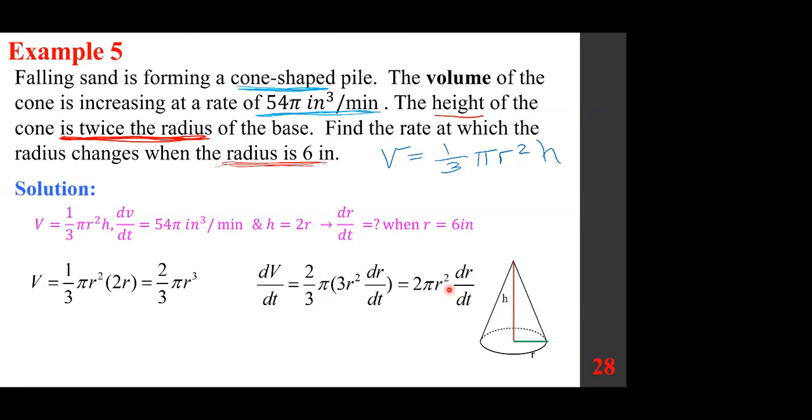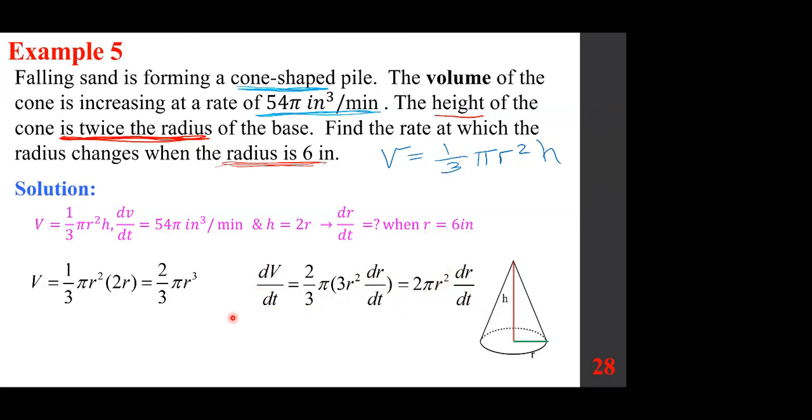So all we have to do is set this dV/dt equal to this number and find the missing dr/dt. So let's plug in, meaning replace the dV/dt with 54 pi cubic inches per minute, 2 pi, keep it, r squared, replace the r with 6.